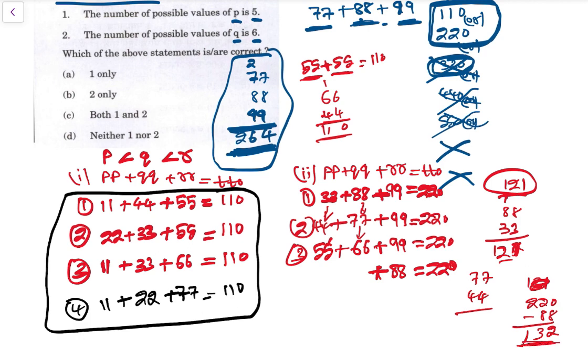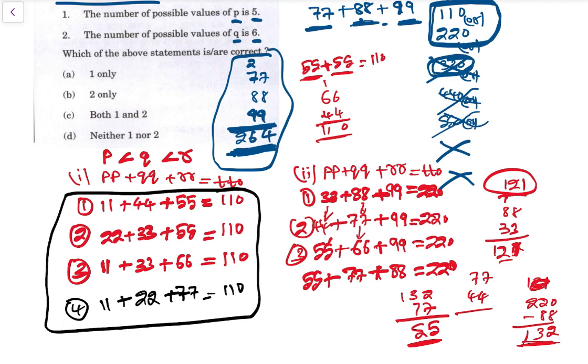So 132, let's check with 77. 132 minus 77, so that is 5, and 12 minus 7 is 5, so 55. So 77 plus 55 is 220. So again this one is possible.